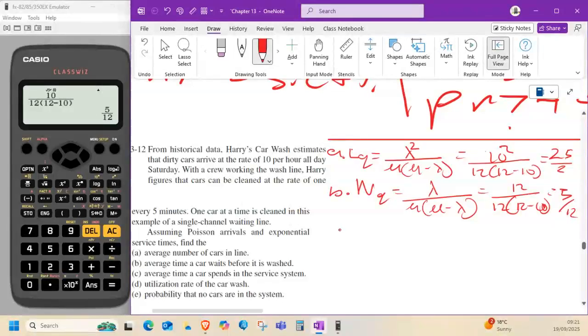Right, C, we have the average time a car spends in the system.